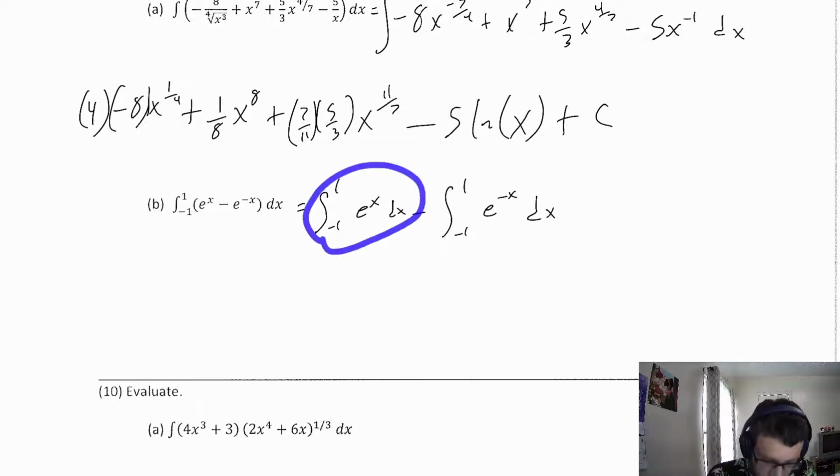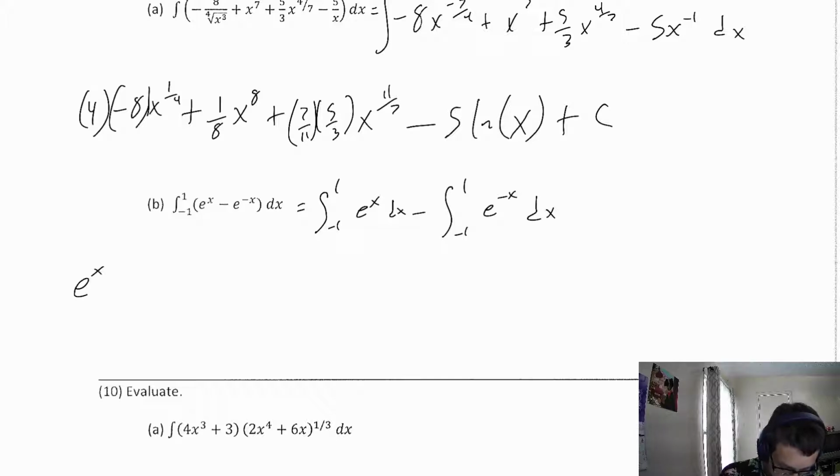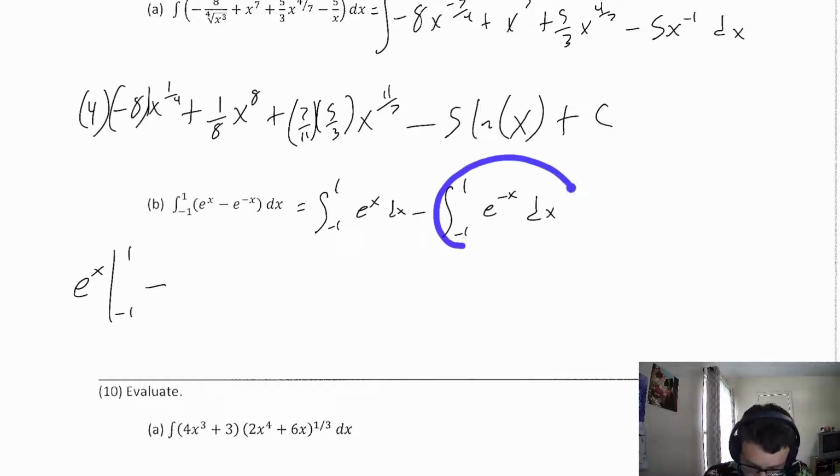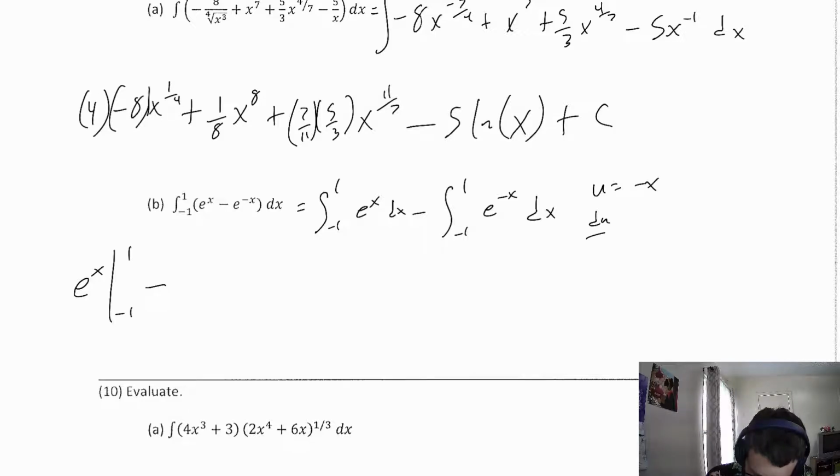This integral is easy to take, right? It's just e to the x, and we evaluate from minus 1 to 1. This integral, we have to use u substitution. So we're going to let u equal minus x, then du dx equals minus 1. So then dx equals minus 1 times du.